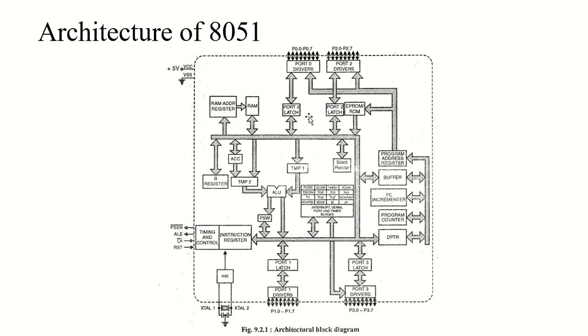It has four modes: shift register, 8-bit UART, 9-bit UART, and the last one is also 9-bit UART but with variable baud rate. Earlier it was with fixed baud rate.